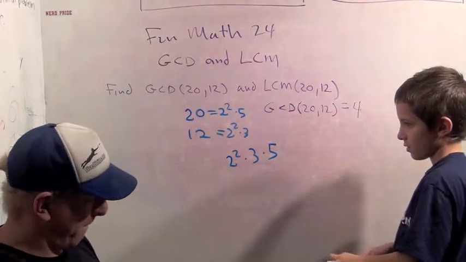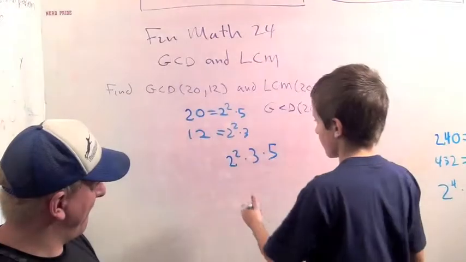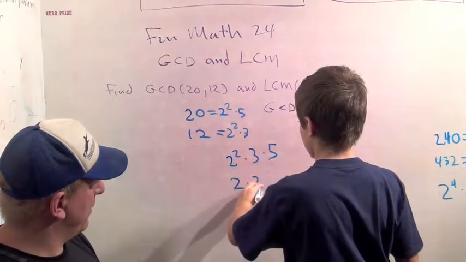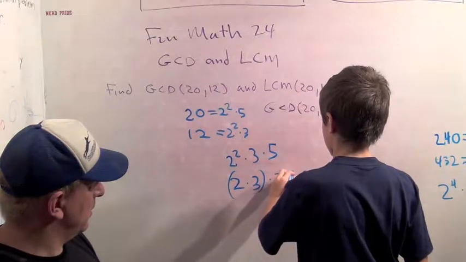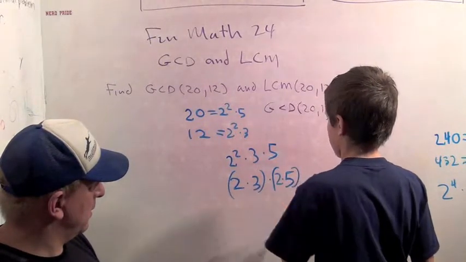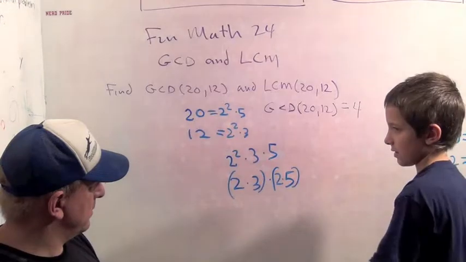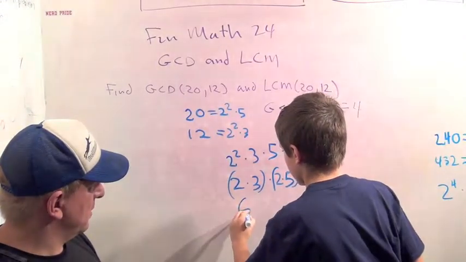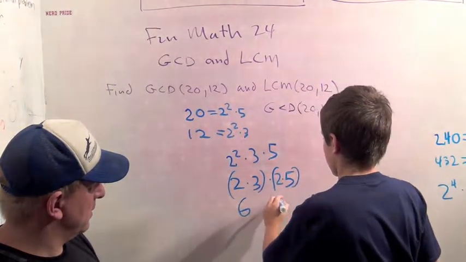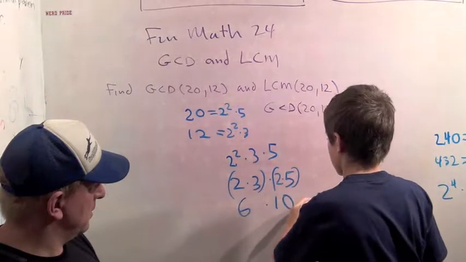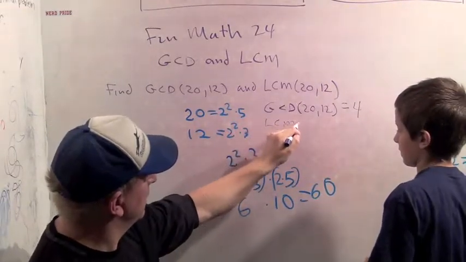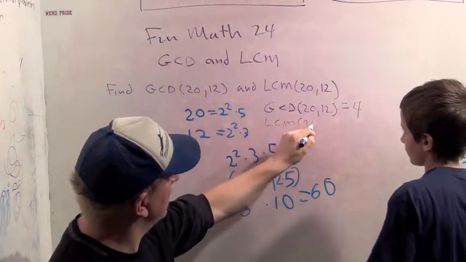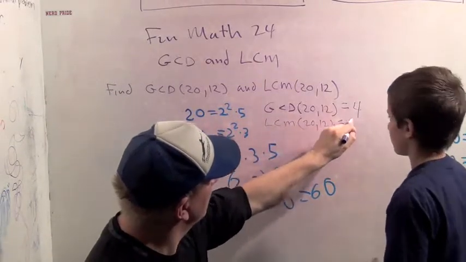We can do this easier by saying 2 times 3 times 2 times 5, because 2 times 5 is easy. 2 times 3 is 6, times 2 times 5 is 10. This is 60. So the LCM, least common multiple of 20 and 12 is 60.